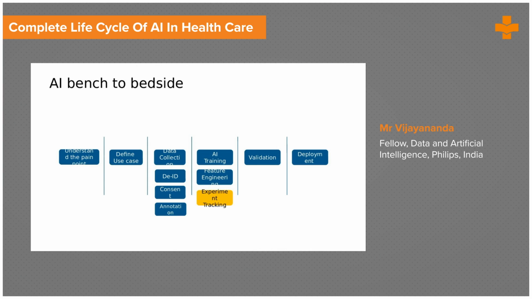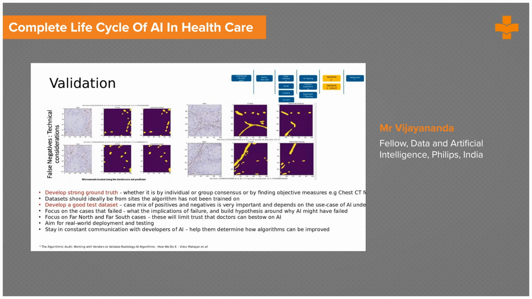And let's go forward. Then there is the validation phase. In the validation phase, the important aspect to know is about having a very good validation cohort. So the important aspect is that typically the validation should happen from sites from where the training data was not used, right?